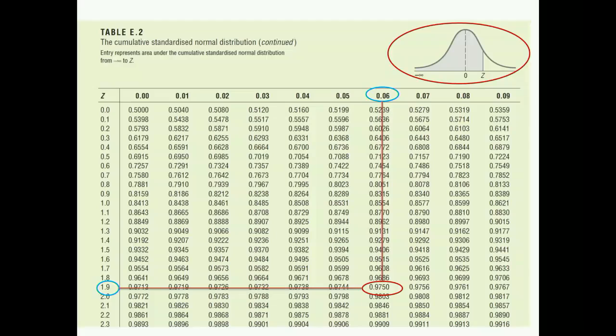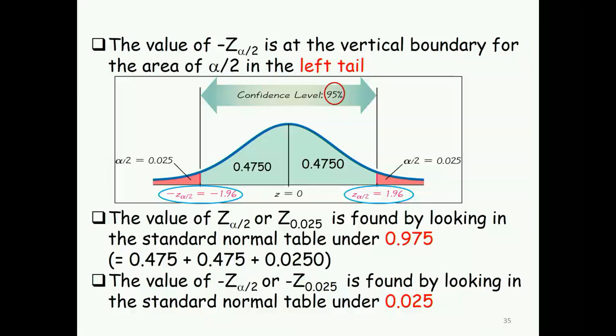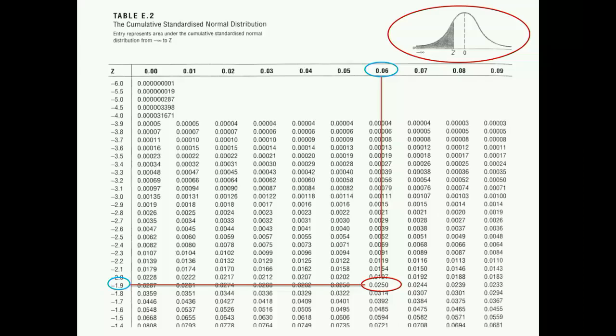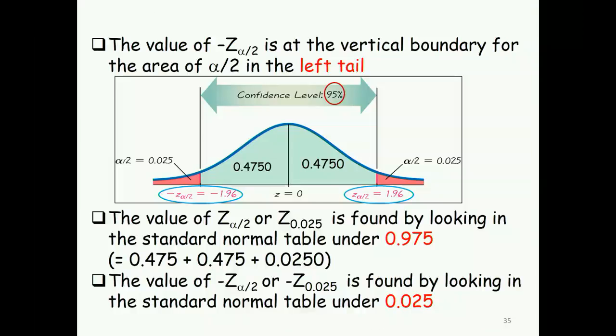That is also what I will give you in your exam, so it is good to know how to read from the table. Or you could find 0.025, which gives you minus 1.96. But in general, always keep in mind, if I say 95%, automatically 1.96 and minus 1.96.